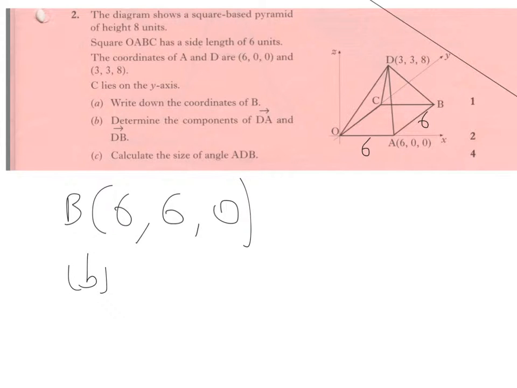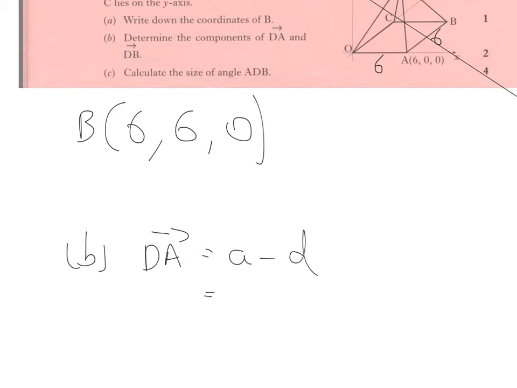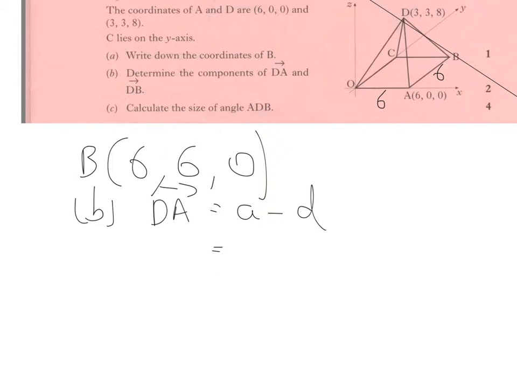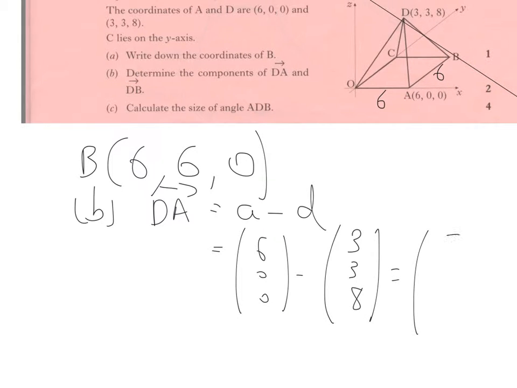Part B, determine the components of DA and DB. Well, DA is equal to A minus D. So that's (6, 0, 0) minus (3, 3, 8), and that's equal to (3, -3, -8).